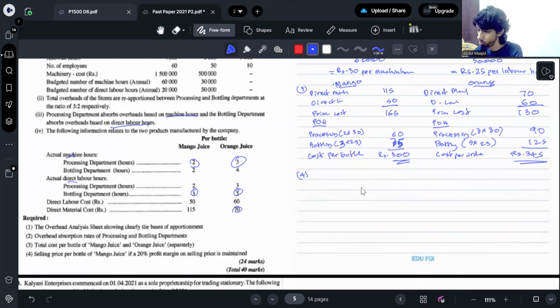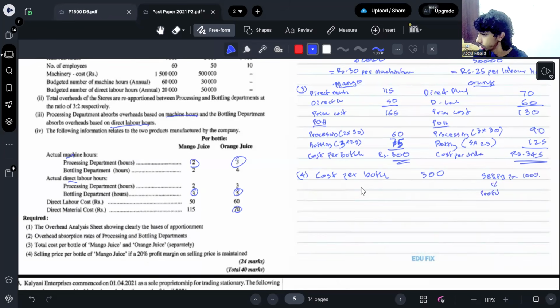Fourth one, selling price per bottle of mango juice if 20% profit margin on selling price is maintained. Okay. Now, cost per bottle, is it orange or mango juice? They're asking for mango. Cost per bottle is 300. They are going to maintain a profit of 20% on selling price. So selling price will be 100%.